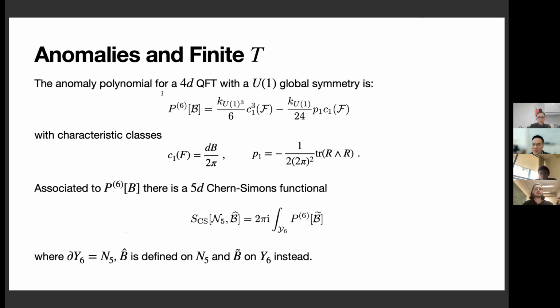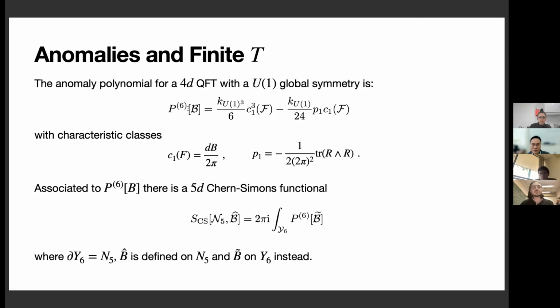So recall that the anomaly polynomial for a theory with a U(1) global symmetry is this six-form, where C1 and P1 are two characteristic classes built out of the background field B for the U(1) symmetry. C1 would be just its field strength, and P1 is expressed in terms of the trace of the Riemann curvature tensor.